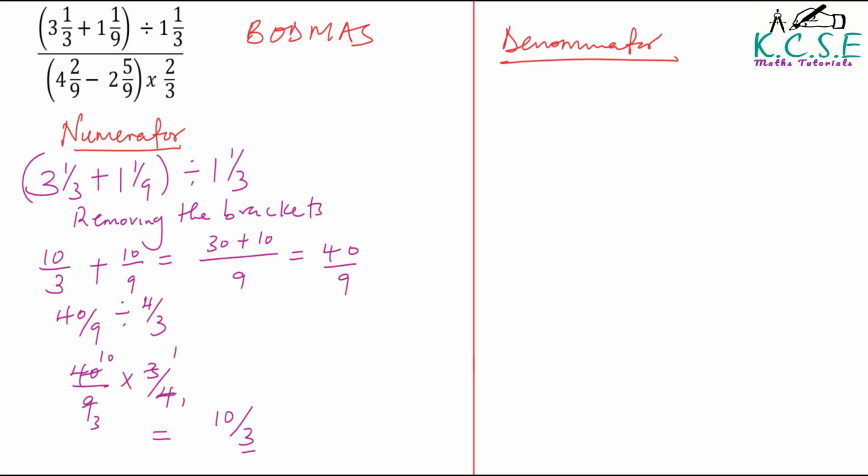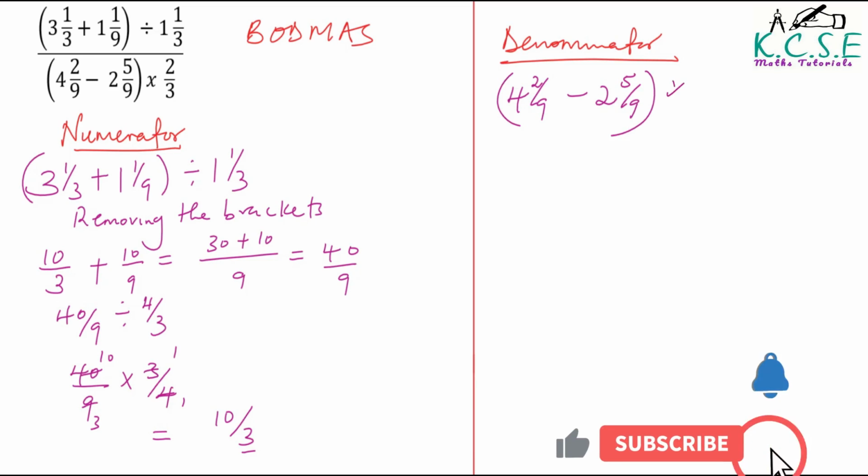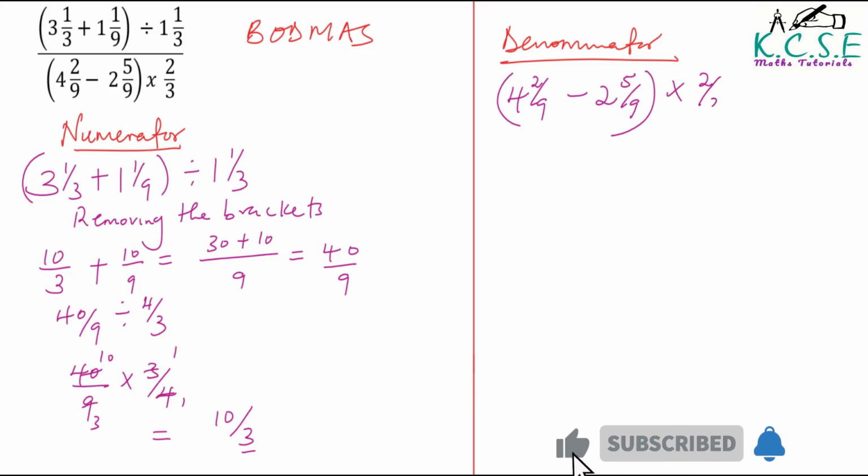Now in the denominator there is 4 and 2 over 9, subtract 2 and 5 over 9, brackets, multiply by 2 over 3. So as we've done in the previous case, we start by solving whatever is inside the bracket after converting these mixed fractions to improper fractions.